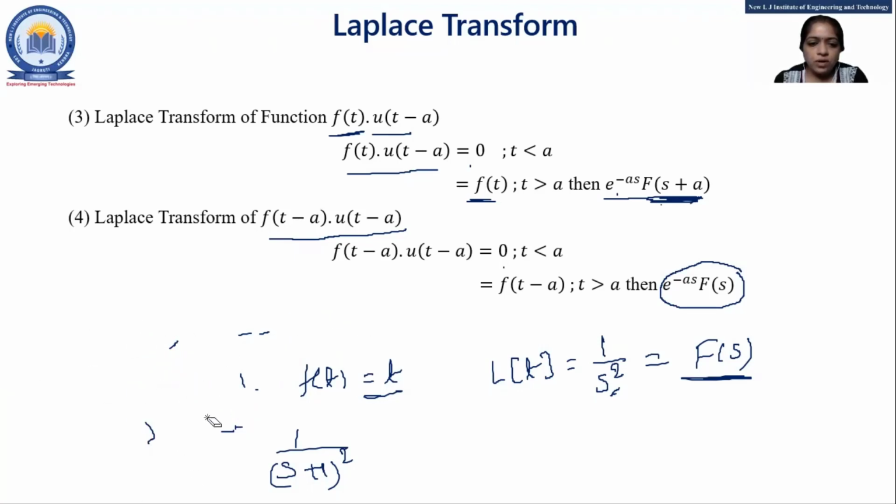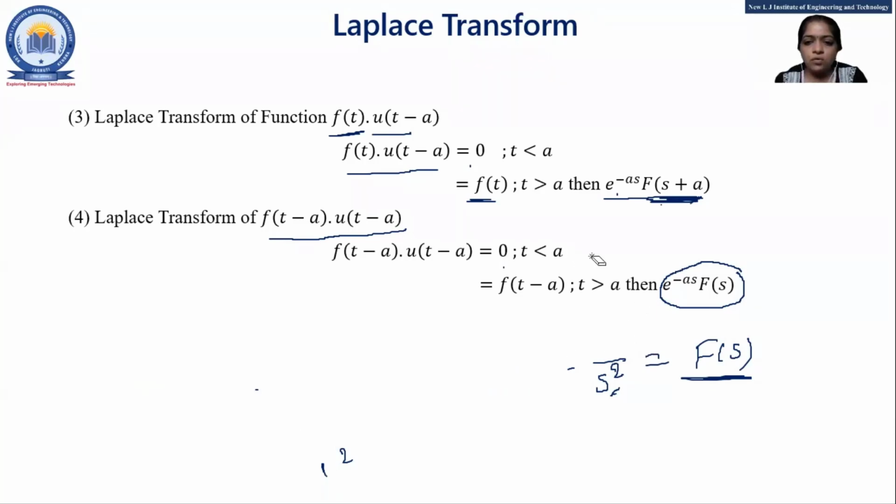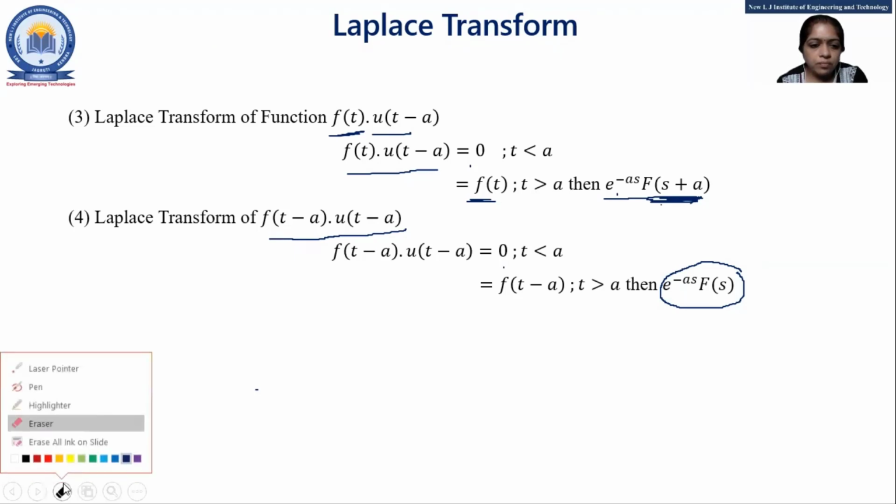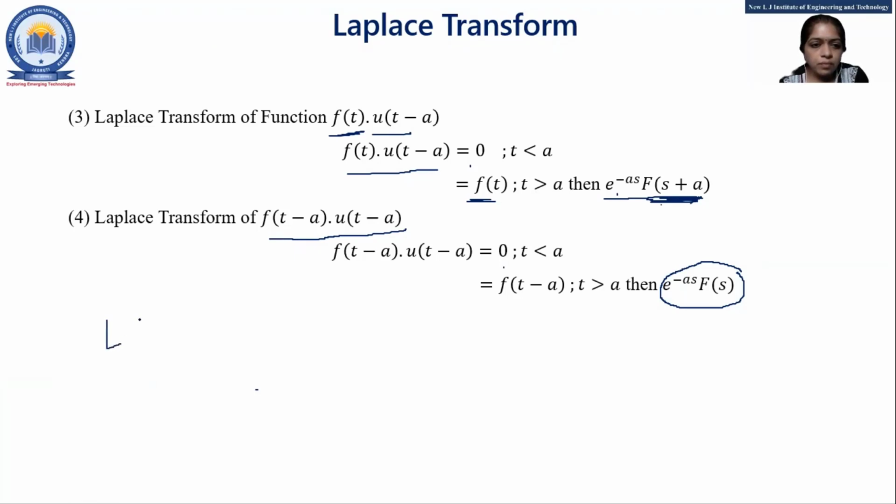For this kind of example, if your given question is Laplace of (t minus a) into u of (t minus a), right? Suppose your question is: find the Laplace transform of (t minus 1) into u of (t minus 1).